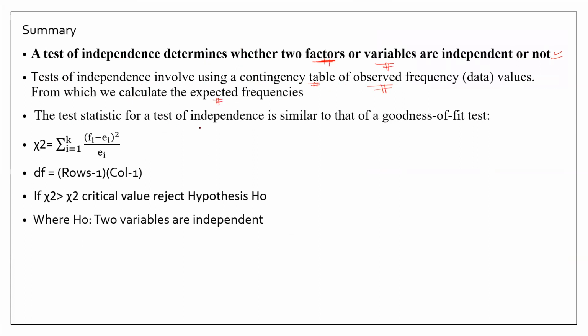The test statistic to test independence is the chi-square, which is this formula, and the degree of freedom is number of rows minus 1 times number of columns minus 1. If your chi-square value is greater than the chi-square critical value, you have to reject the null hypothesis, where H naught is our standard statement that the two variables are independent. This is the summary.